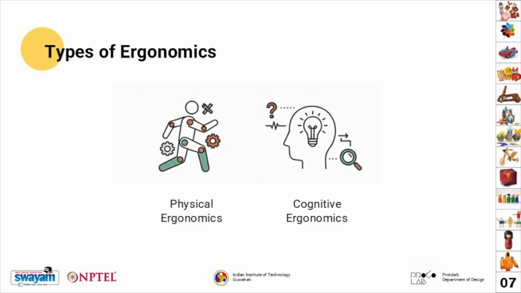And cognitive ergonomics deals with the mind during interaction. It examines how much information the child must process, how many decisions are required, and whether the toy can be understood intuitively.